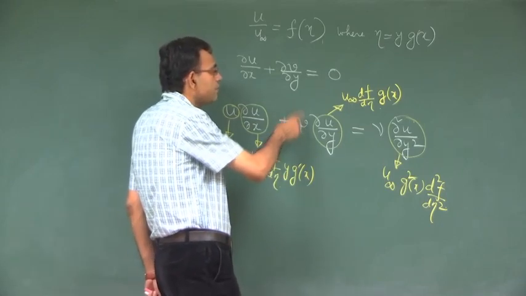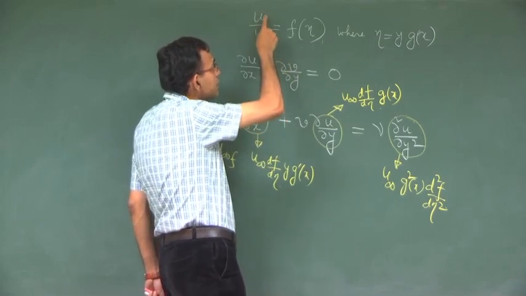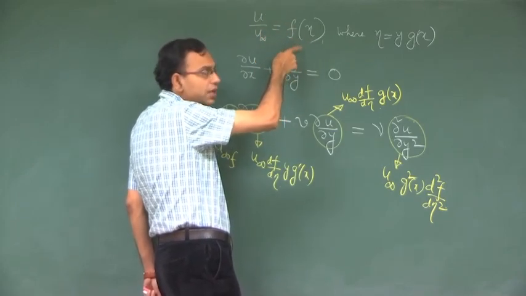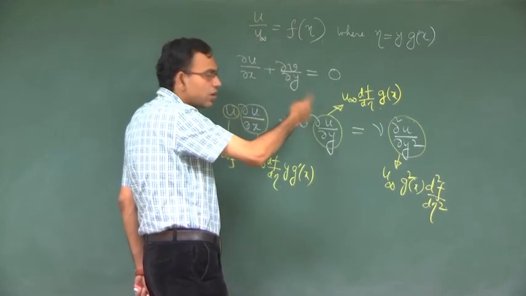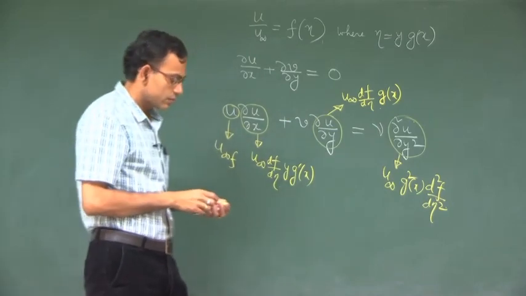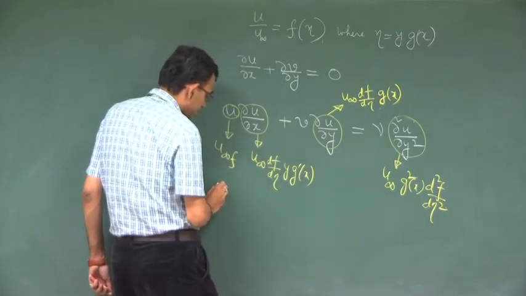We will eliminate v from these two equations, because the velocity profile u by u infinity is expressed as a function of eta, and v is not included in this representation. Because v is not included in this representation, we will eliminate v.